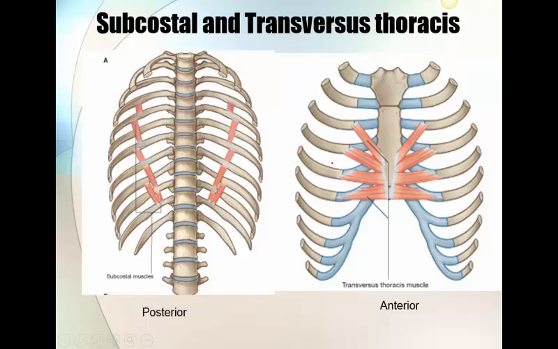And anteriorly, where again the innermost intercostal is deficient, they are replaced by this muscle which is called transversus thoracis muscle. It takes origin from the xiphoid process and the lower part of the body of the sternum and goes to the 3rd to the 6th costal cartilage. So you can see up here how it's going. Again, a small muscle but a bit bigger than the subcostals.